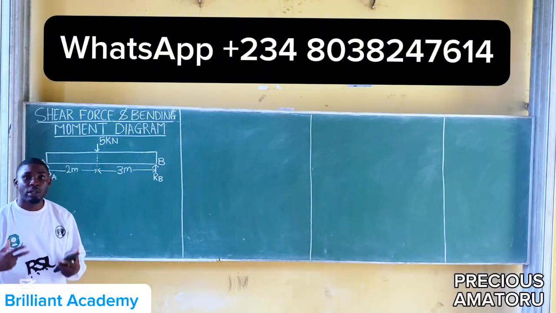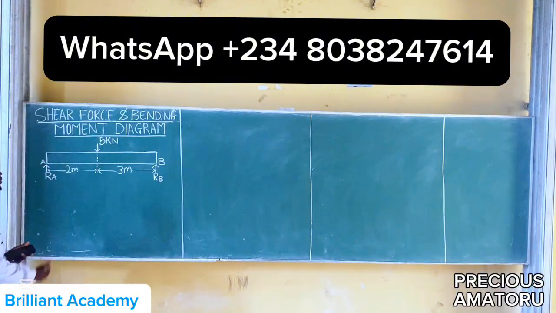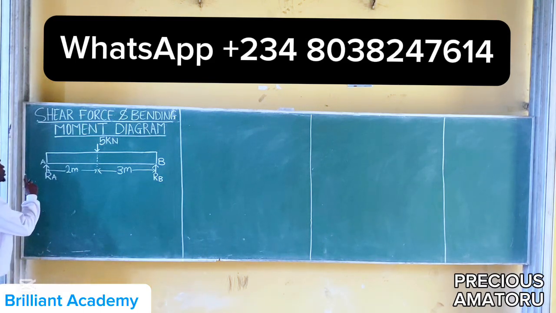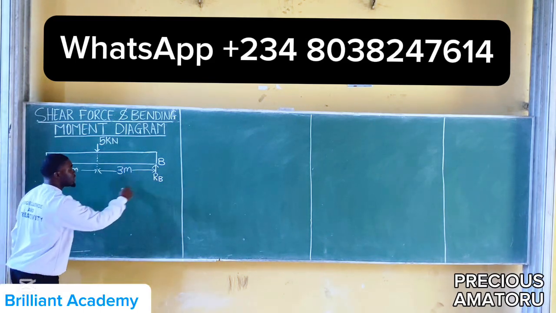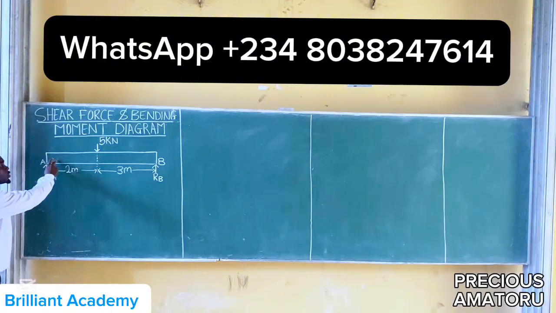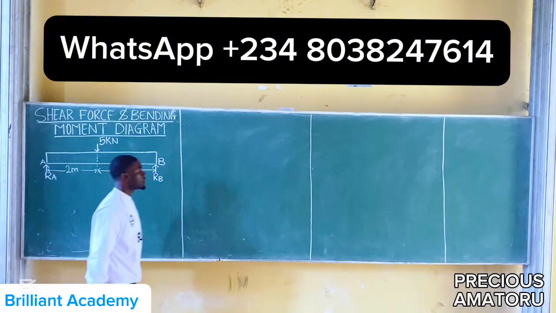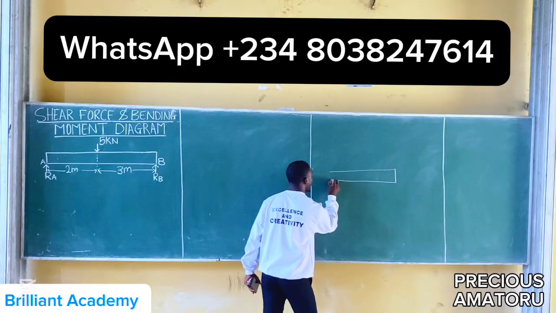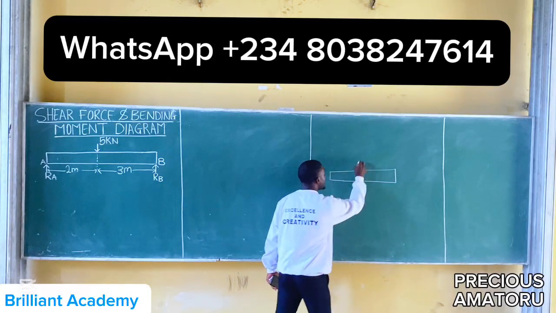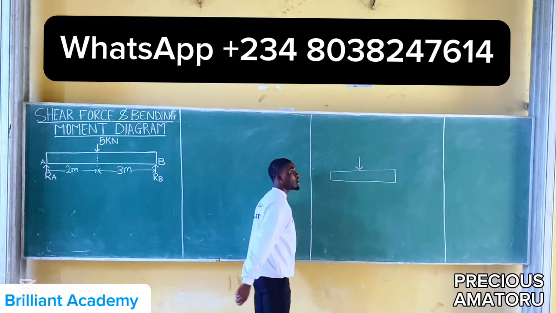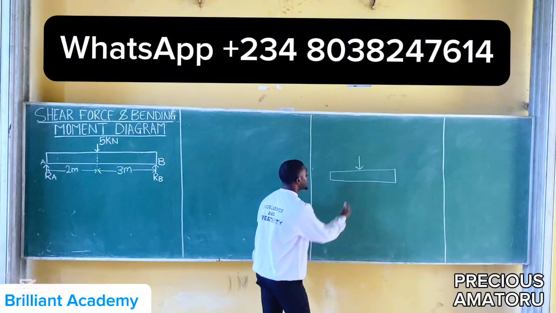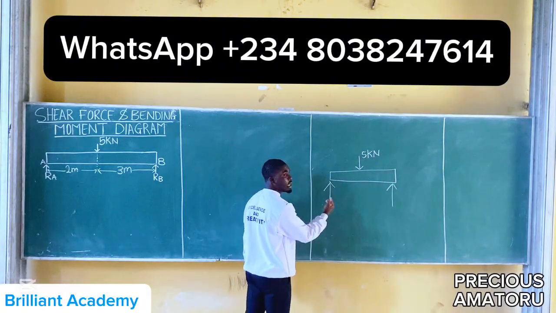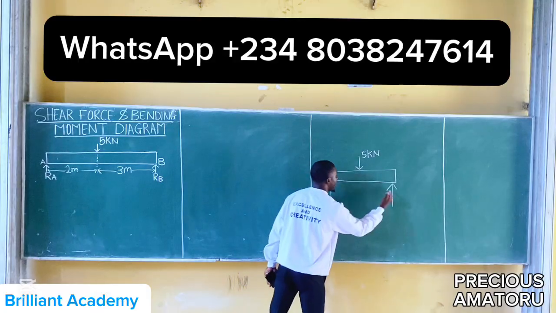I'm going to make the concept very simple. So the very first thing you have to do is to get all the forces acting on the beam. So we are assuming that you have a beam, and then we load it with a load that is applying a force of 5 kilonewton, and it is being supported by this and this.